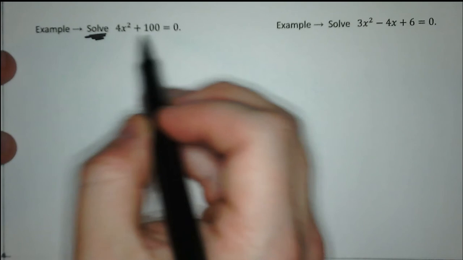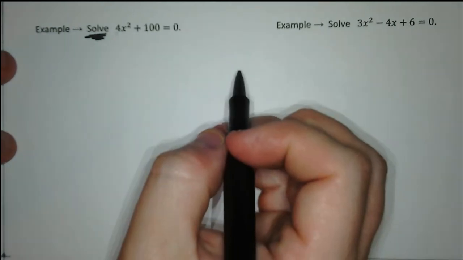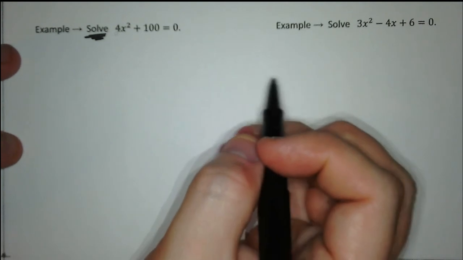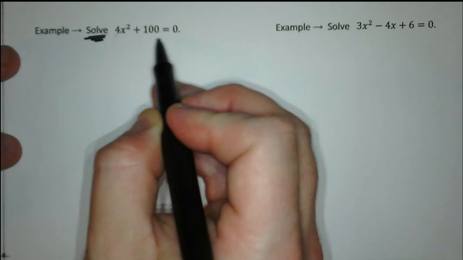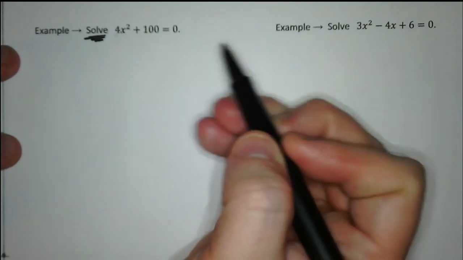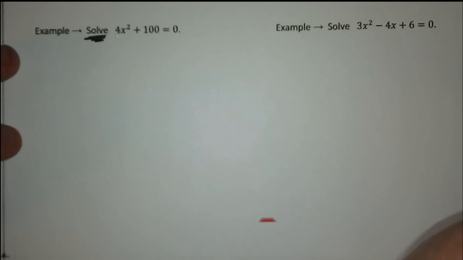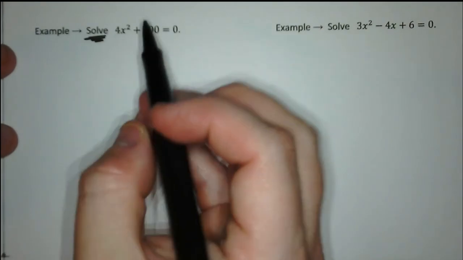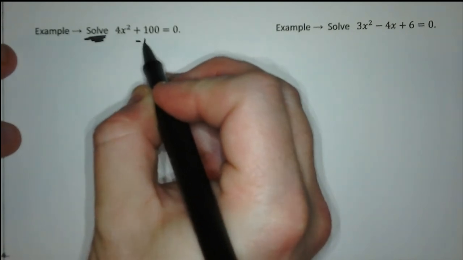You might try to get x by itself. This is the type of example where we can do that, thinking back to how you've been groomed since 7th grade to just get x by itself.